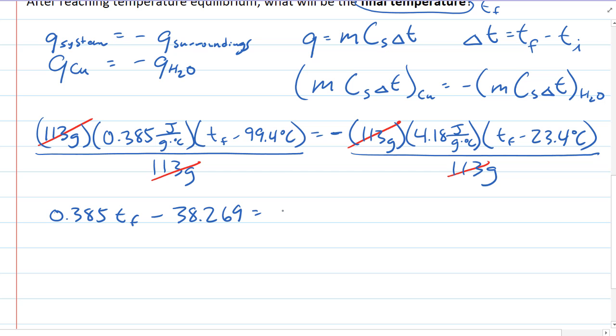Then on the opposite side, we're going to have a negative. We'll then have a negative 4.18 T sub F. And then we'll take the 4.18. We'll multiply that by 23.4. And we get 97.812.